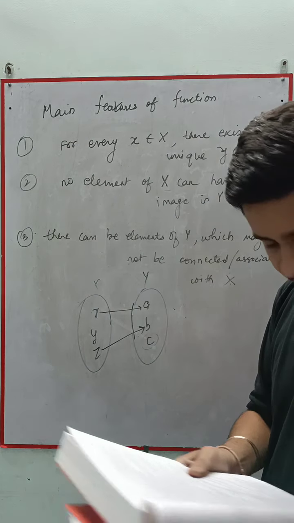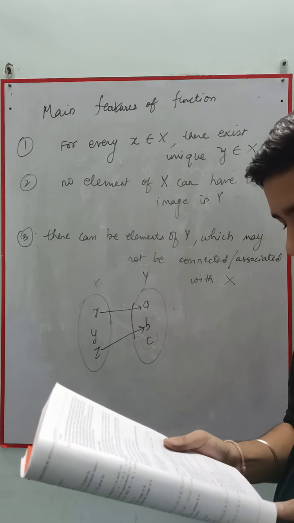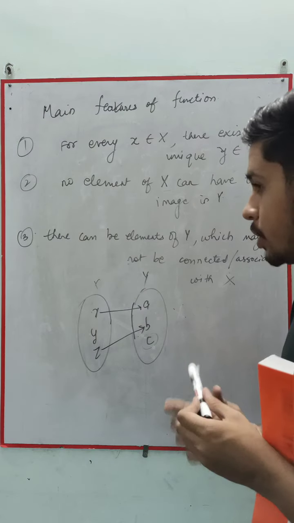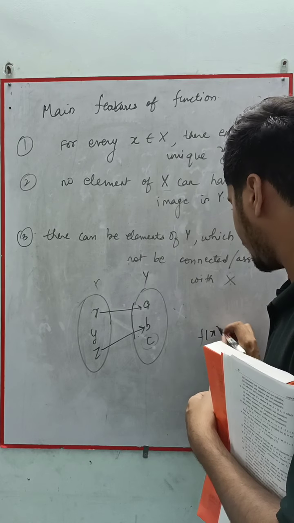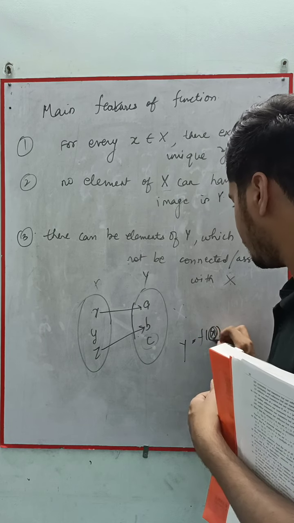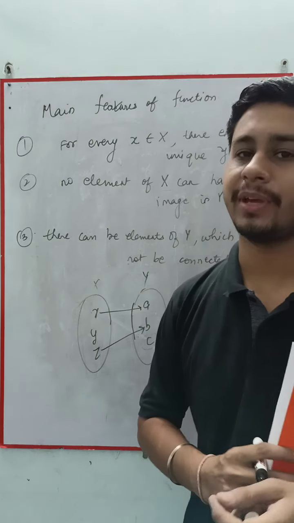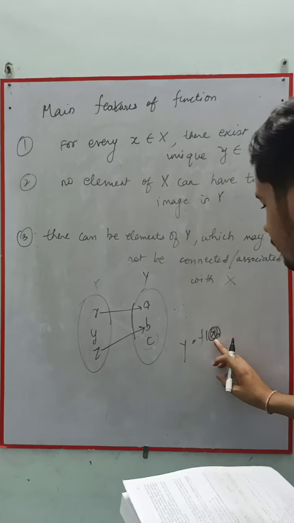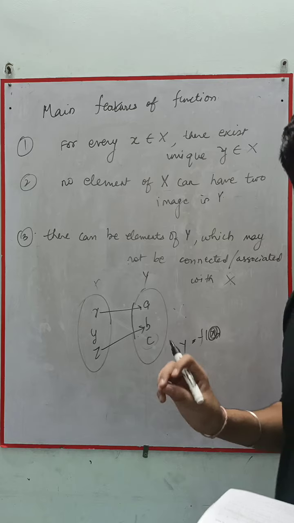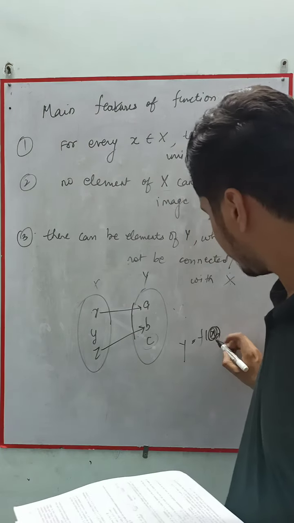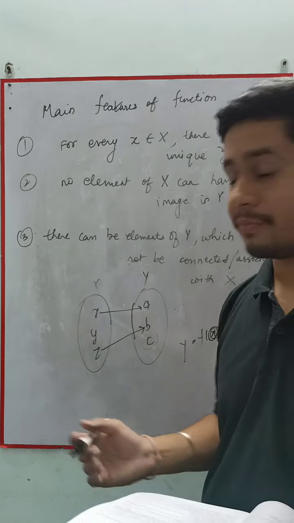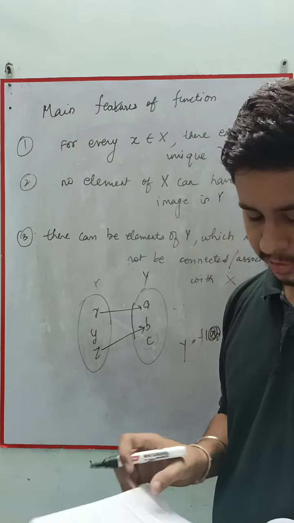Function f is determined when f(x) is known for all x belongs to X. So to know this f(x), we must have the values of x. That means we need to have some values, then only we can determine the function.